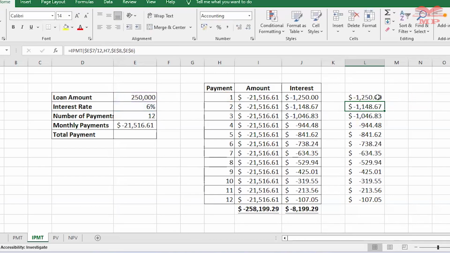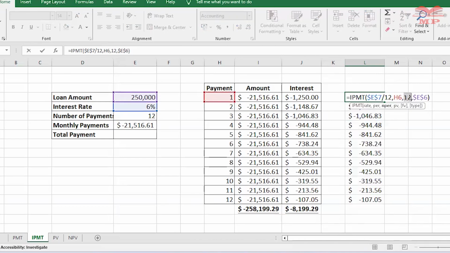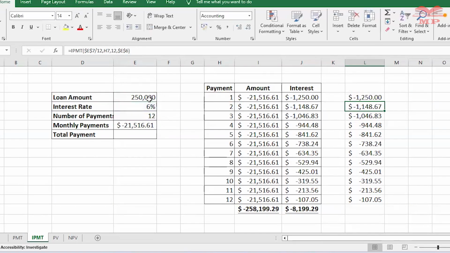So our convention is not to type it here. We click on it and then press function F4. Of course the loan amount should also remain fixed.